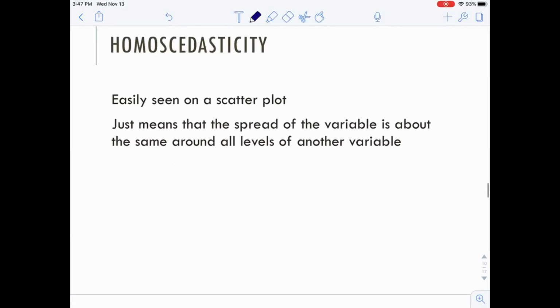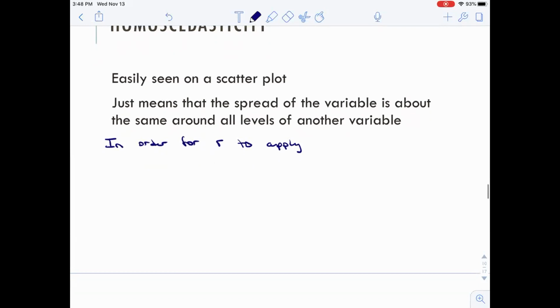So in order for r to apply, using r in place of the Pearson's correlation coefficient, we must have even scatter throughout our scatter plot.